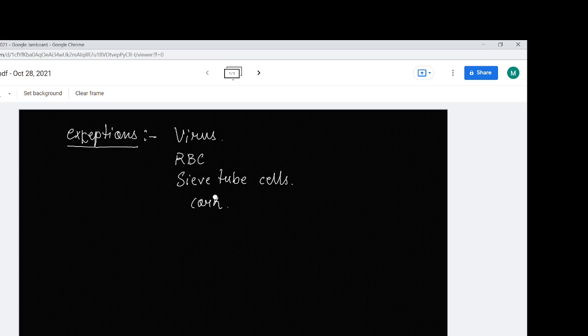That's why they can also not be included under the cell theory. Other than that, prions, the infective proteins, then viroids, they are also exceptions to this cell theory.